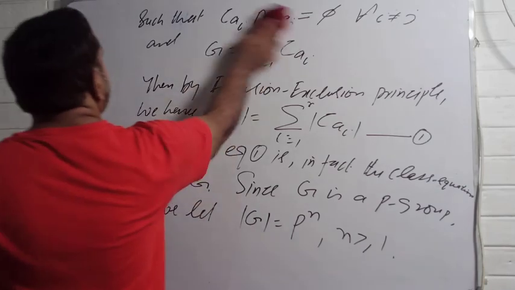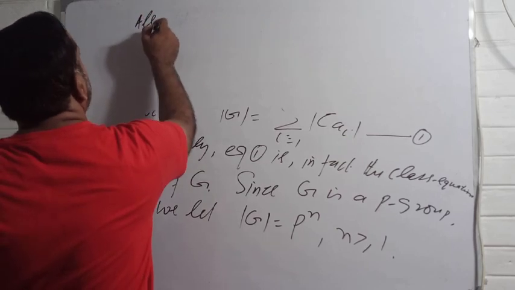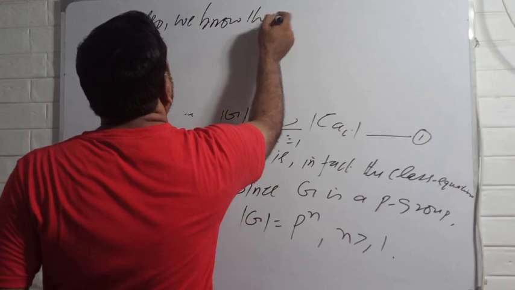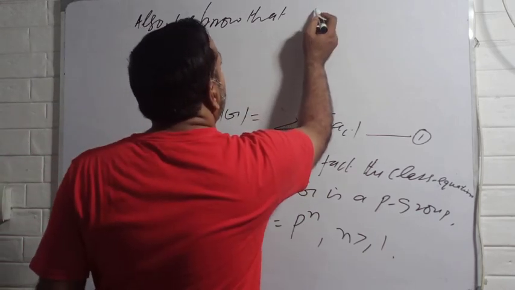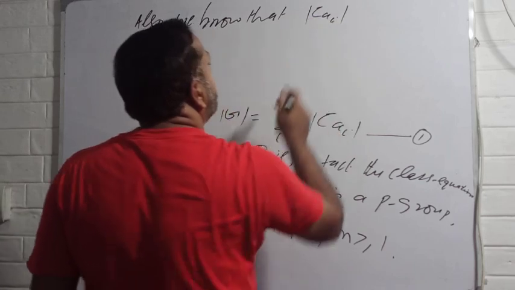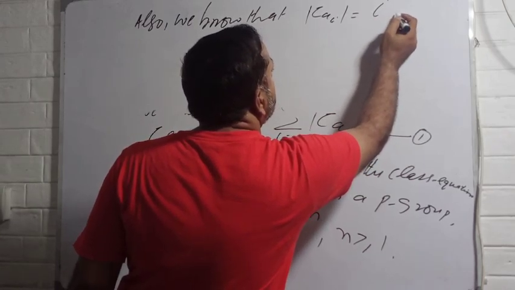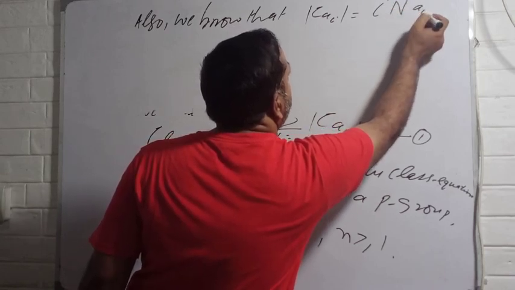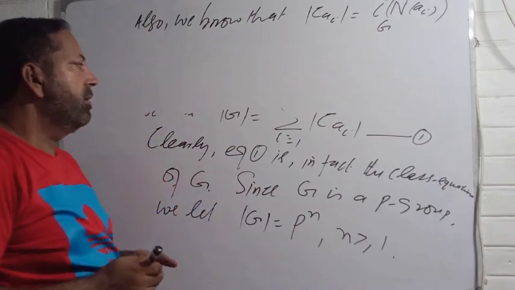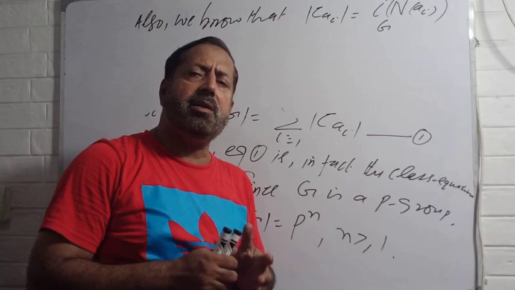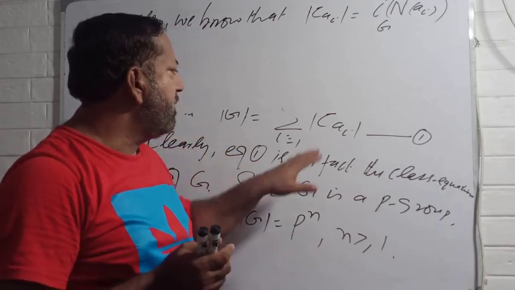Also, we know that the order of CAI is equal to the index of the normalizer of AI in G. We have proved this theorem in our last lecture: the number of elements in a conjugacy class is the index of its normalizer in G.